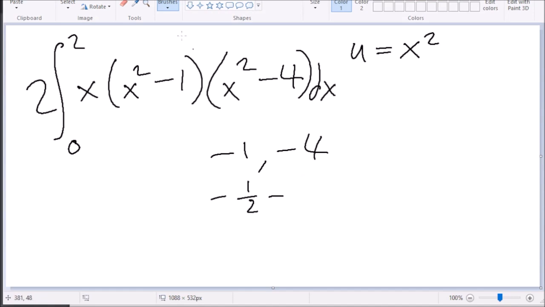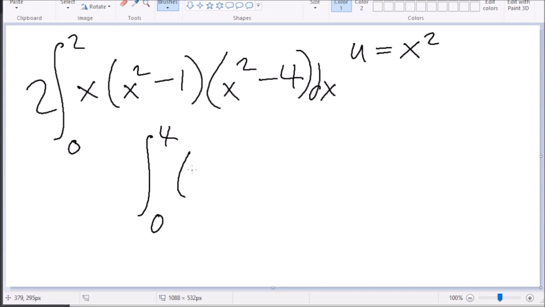Okay, maybe it's not worth going rational unless you're very mentally gifted. But I'll just stick to u equal x squared. So then this goes to 0 to 4, u minus 1, u minus 4.